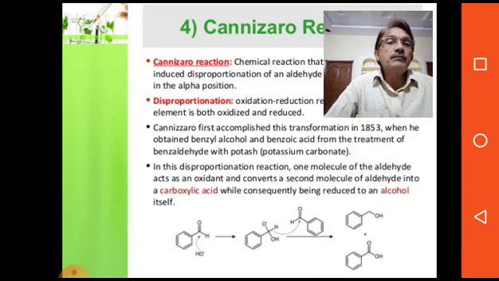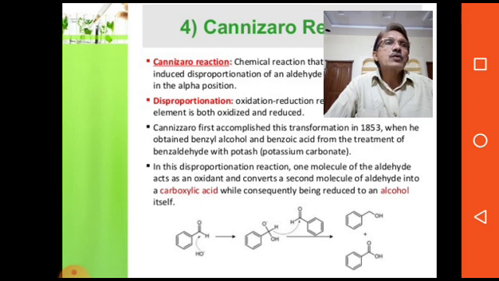Look at the reaction. In this disproportionation reaction, one molecule of the aldehyde acts as an oxidizing agent or oxidant and converts a second molecule of an aldehyde into a carboxylic acid, while consequently being reduced to an alcohol itself.